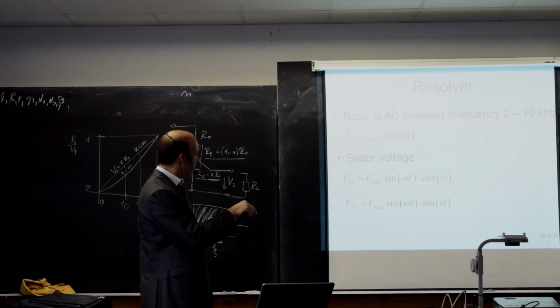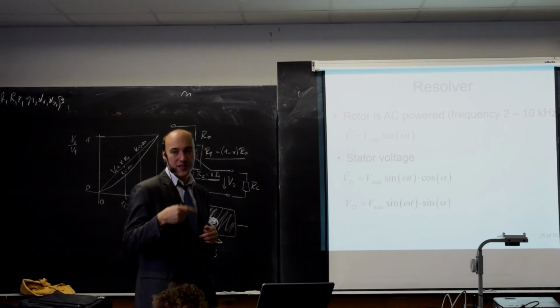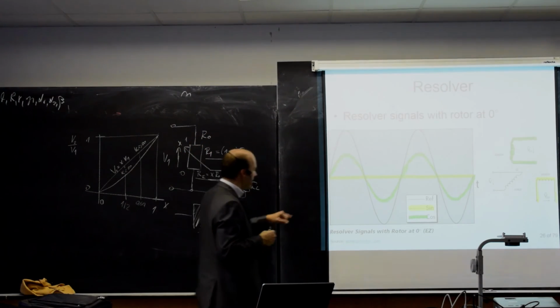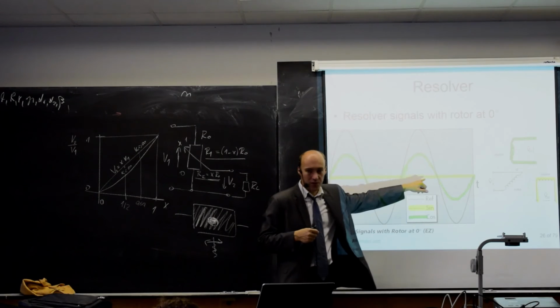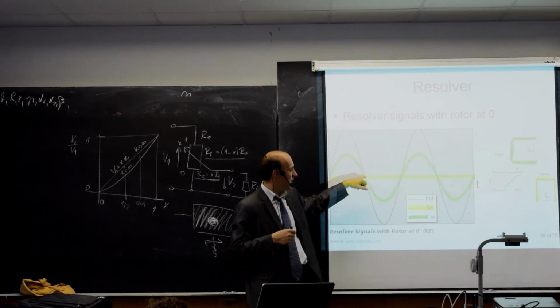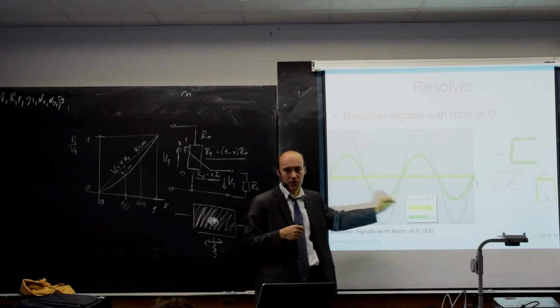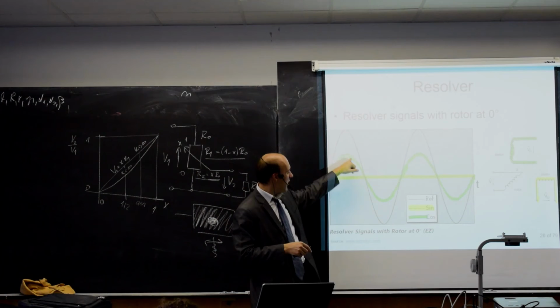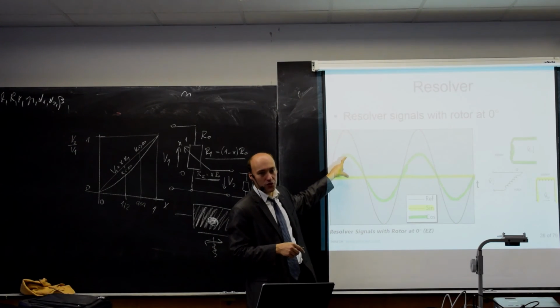And here, cosine of 0 is 1, so I will have a maximum voltage on the second winding. So here we see that the yellow curve is 0 voltage, so that corresponds to the sine winding, to this one. And the cosine winding has a maximum amplitude.